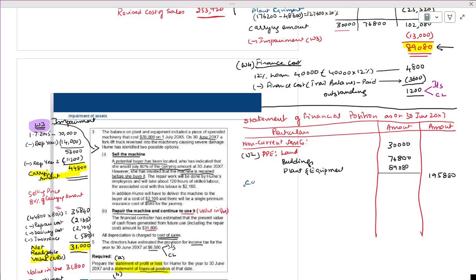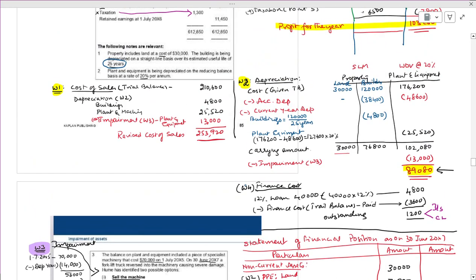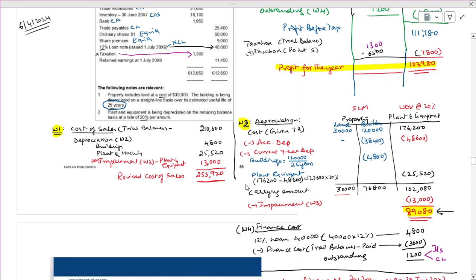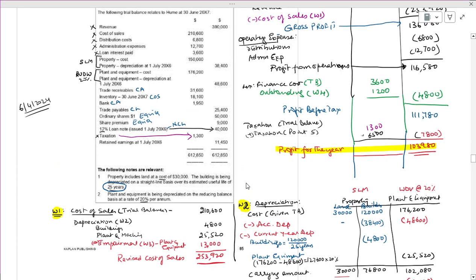Current assets. In the current assets, which one do we have to take first? Inventory. Closing inventory. How much is the closing inventory?